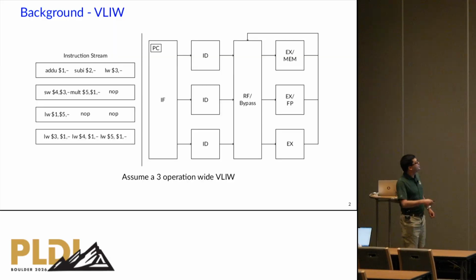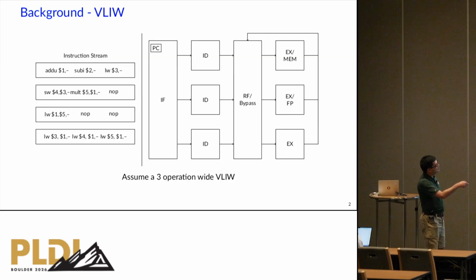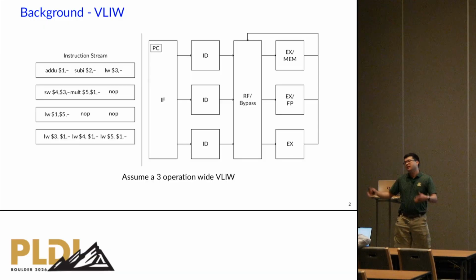Each instruction is going to end up getting fetched by this fetch unit, and then the first third might go into this sort of pseudo pipeline here. The second one goes into this pipeline here, and the third instruction would go into this pipeline here, or vice versa.